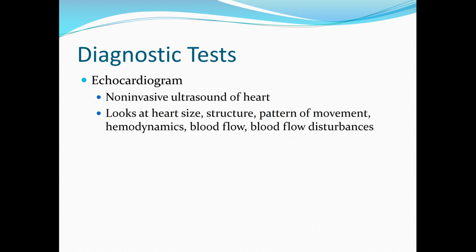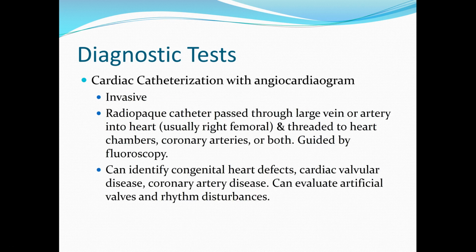It's going to really give you a good picture of where the anomaly is and how bad it's affecting the heart. So it's a non-invasive ultrasound of the heart. It looks at the heart size, the structure, the pattern of the movement of the blood throughout the heart, hemodynamics, blood flow, and any blood flow disturbances that exist.